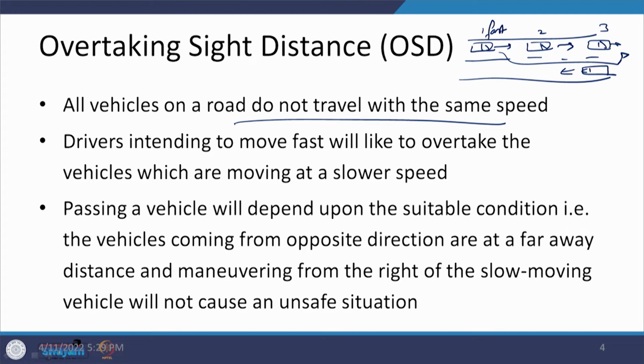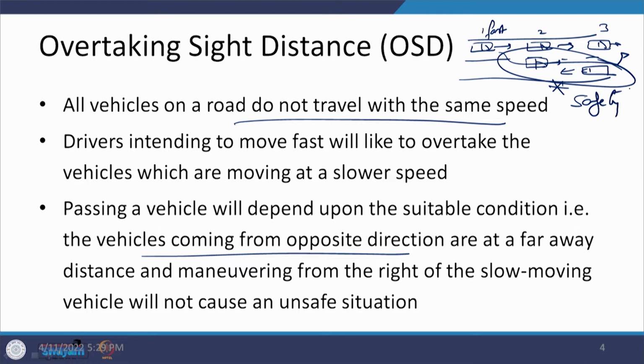Now, when this happens, there are a number of situations which can be there. We have to look at the vehicles coming from the opposite direction. If there is a vehicle desiring to overtake like this, it should not happen that they collide with each other. If this collision happens, this is the most hazardous situation which will appear on that road. So, we have to maintain the safety.